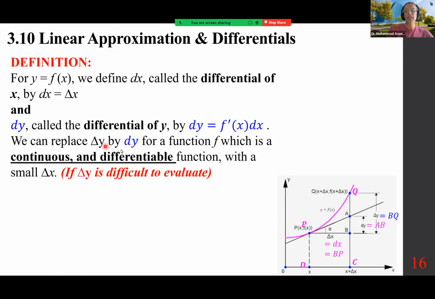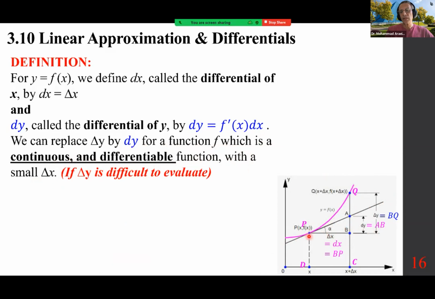So we can replace delta y, the change in y along the curve, by dy, the change in y along the tangent line, for a function f which is continuous and differentiable, with a small delta x.